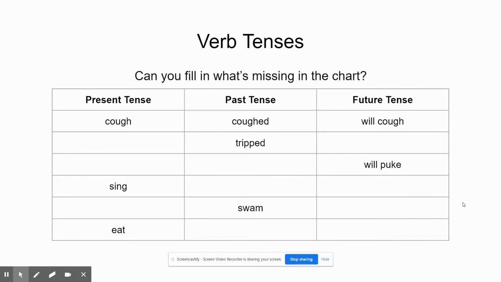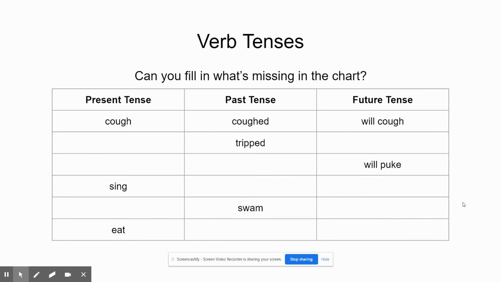Can you fill in what's missing in the chart? Press pause and try that right now on a piece of paper or your marker board. All right, now that you've done that, the first one was already done for you.